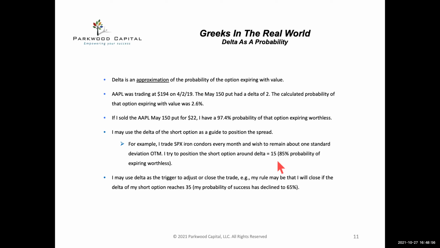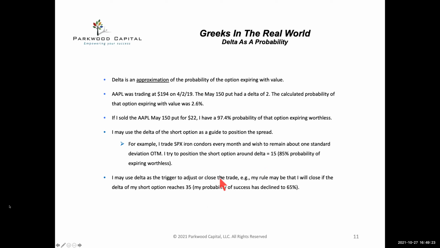But again, that's close. That would mean I'm looking for a delta of about 15. So I could run through the option chain and sell the options, the call up above and the put down below, at deltas around 15. And I would be setting up a position that had roughly an 85% probability of expiring worthless or successful.